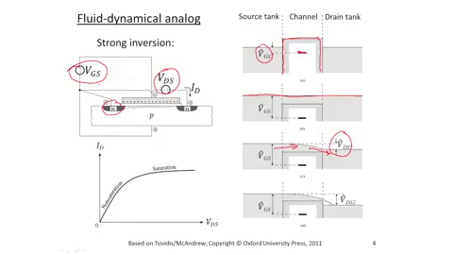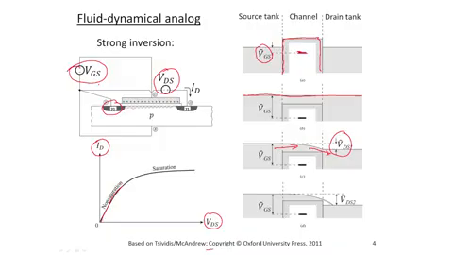And you can see that if you increase this distance, VDS, there will be a larger difference between this level and this level over here, and therefore more water will be flowing. This corresponds to the fact that when you increase VDS, the drain current increases.